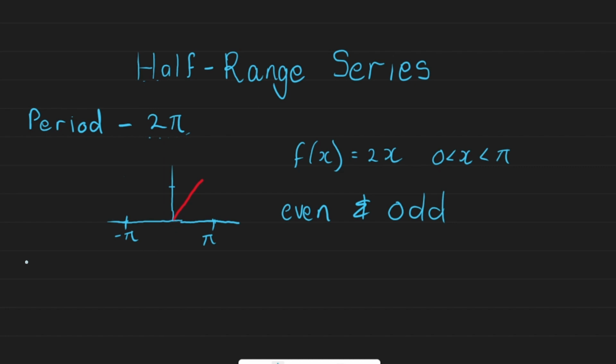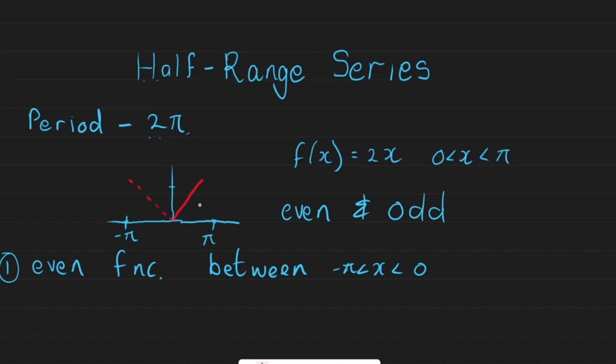So the first assumption is that we can assume an even function where x is between minus pi and 0. So if we assume an even function between minus pi and 0, then we have this kind of converse function. We remember that an even function is symmetrical about the y-axis.